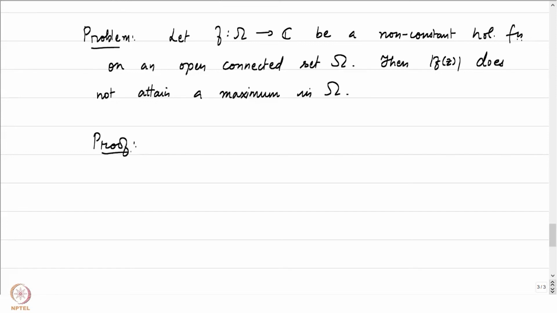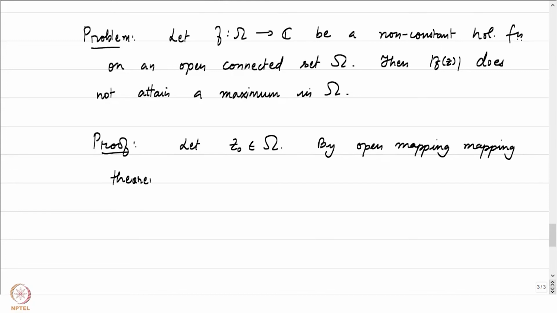The proof is going to be a direct application of the open mapping theorem. Let z0 be some point in the domain omega. By the open mapping theorem, because it's a non-constant holomorphic function, f of omega is open, and hence f of z0 is an interior point.